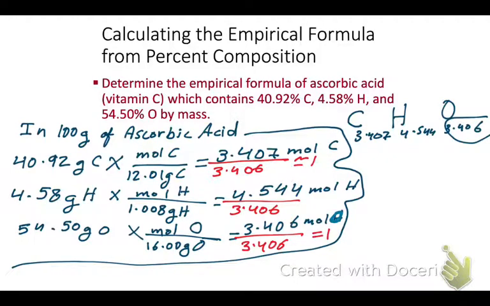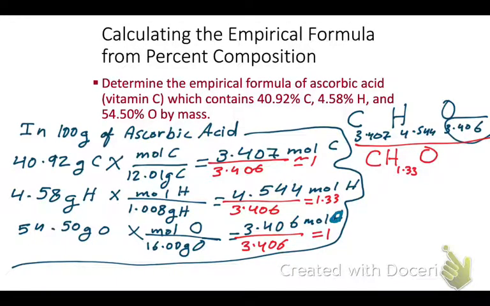And when you do 4.544 divided by 3.406, the answer will be 1.33. So now your formula, the new formula, looks slightly better. So what you have is 1 carbon, hydrogen is 1.33, and oxygen is 1.